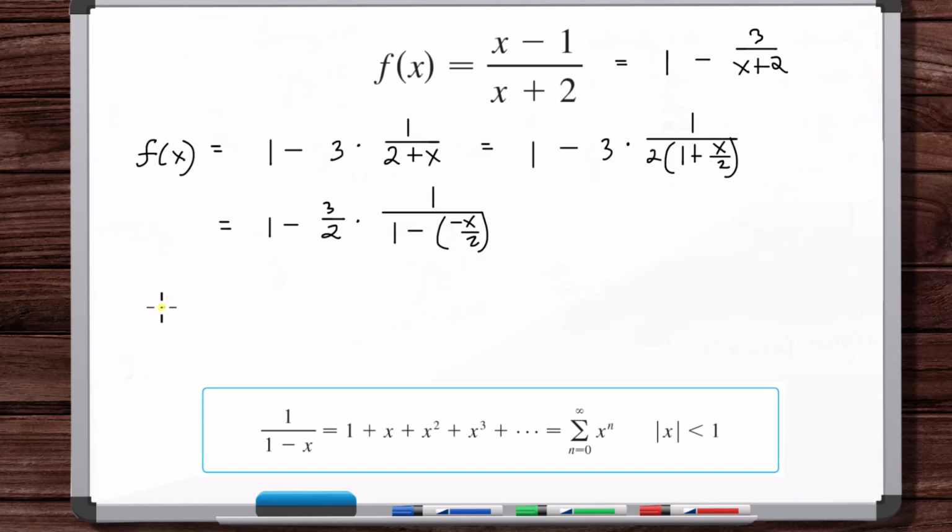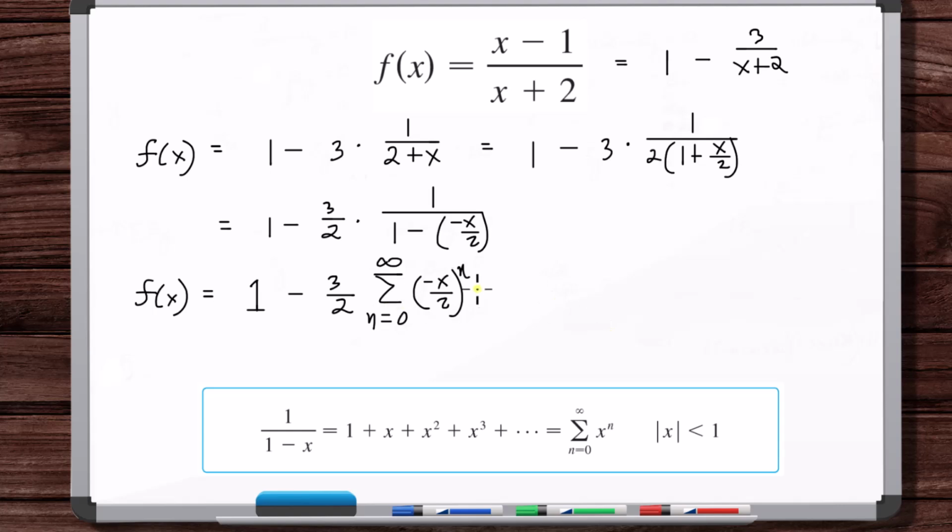So f of x is 1 minus 3/2 times the sum from n equals 0 to infinity, and then substitute minus x over 2, like that.